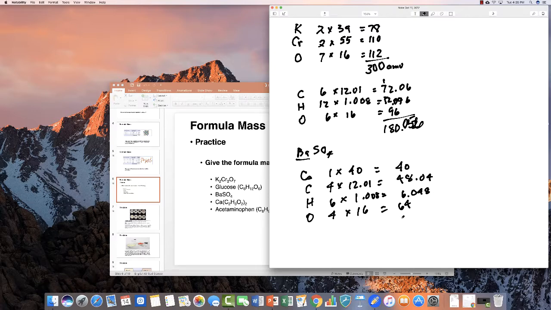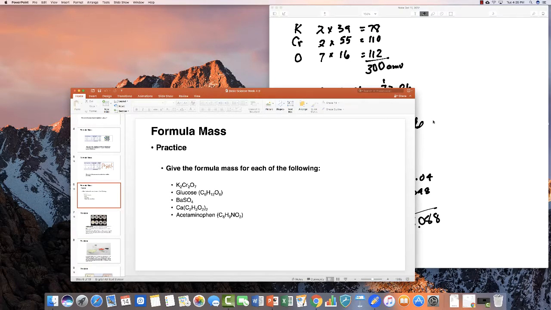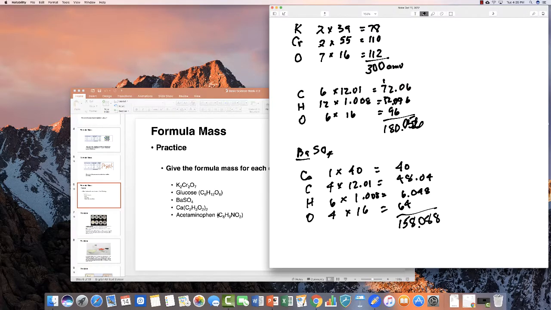So we add all that up and get 158.088 AMU. And this last one, which I've got kind of hidden there, which is acetaminophen or Tylenol, there's the formula.